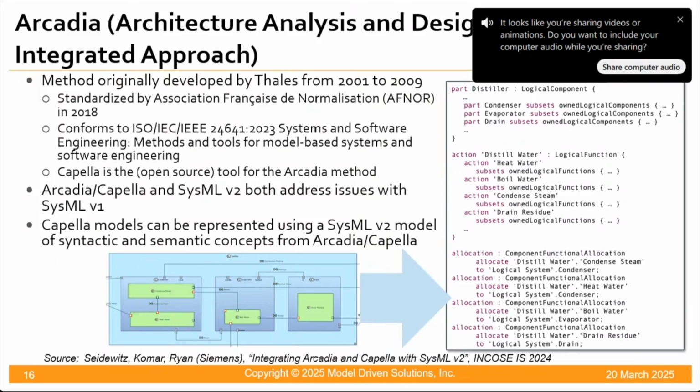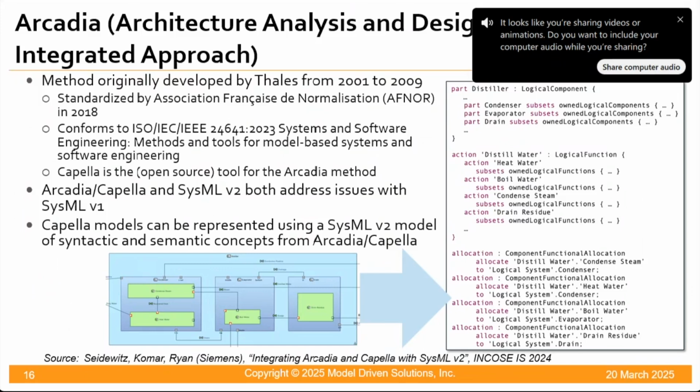In particular, having component decomposition, what we call usage-based modeling. That was very important. One of the reasons it's important in V2 is because it was a problem in V1. The connection between behavior, the allocation of behavior to structure, was difficult in V1. They had to address that in Capella. They addressed it in V2.